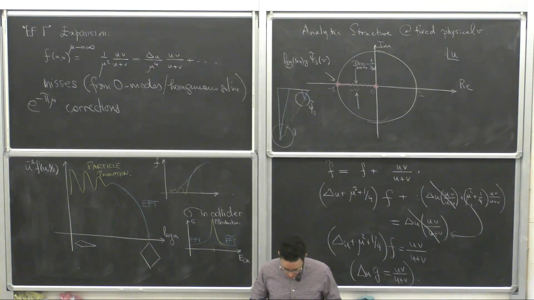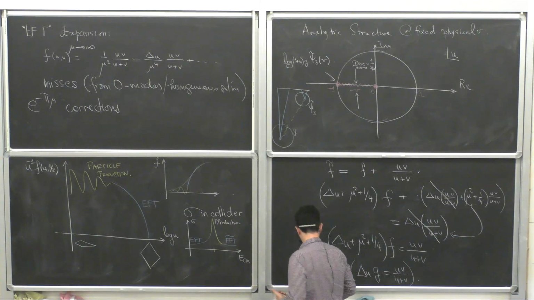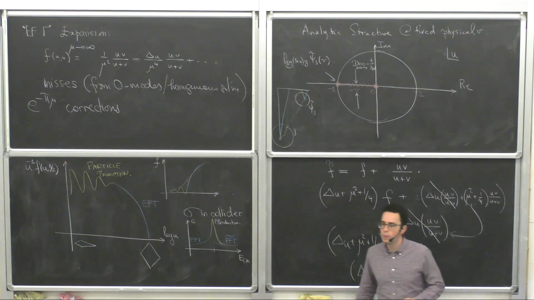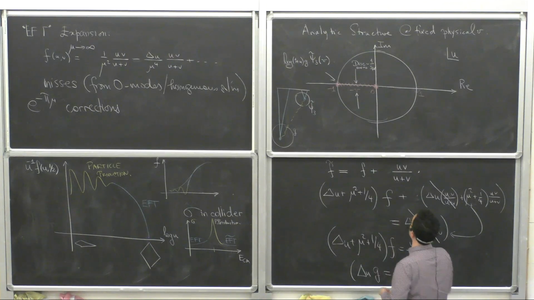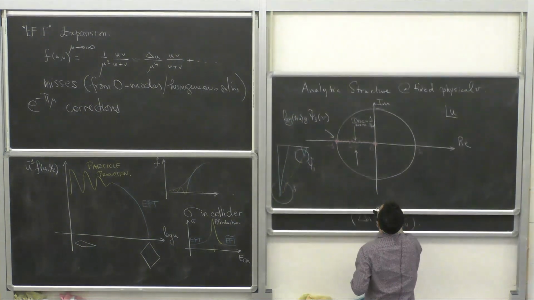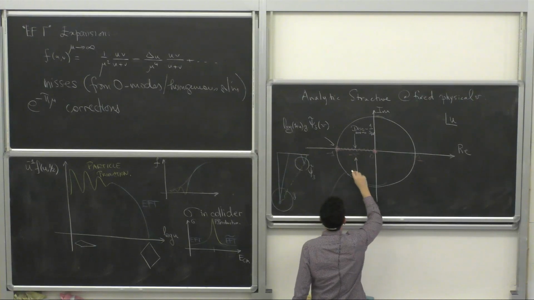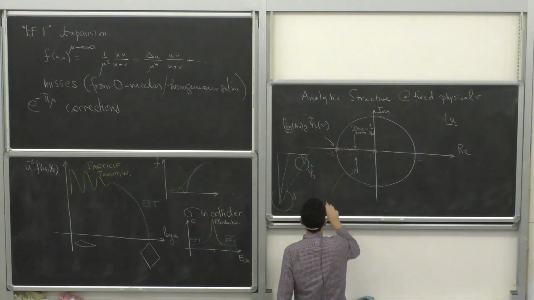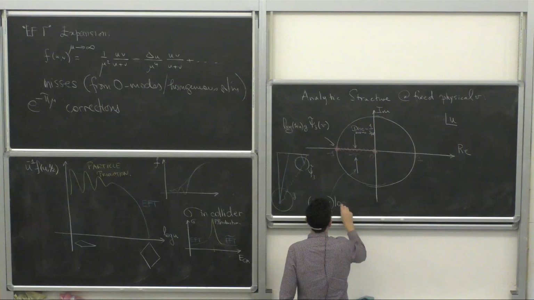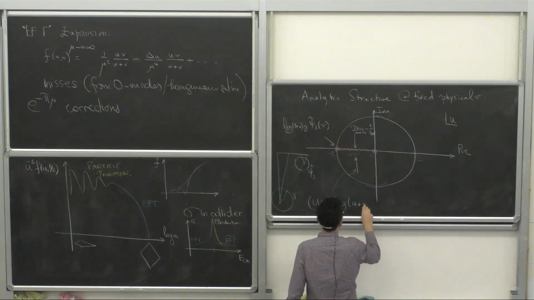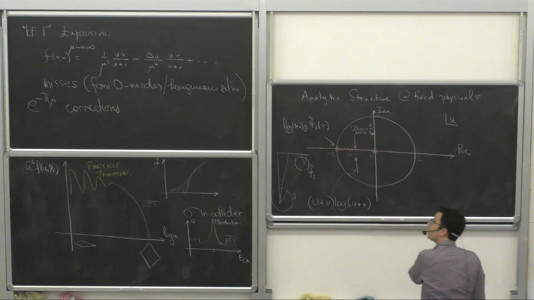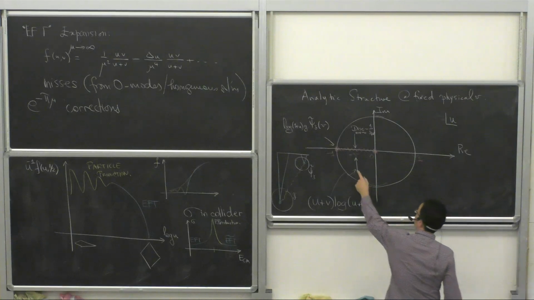Let me make one comment. I didn't say because I did not analyze the equation in detail, but it goes like U plus V log U plus V, okay, here in this limit.